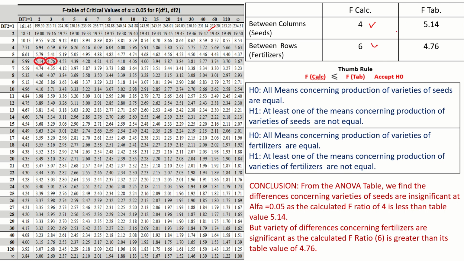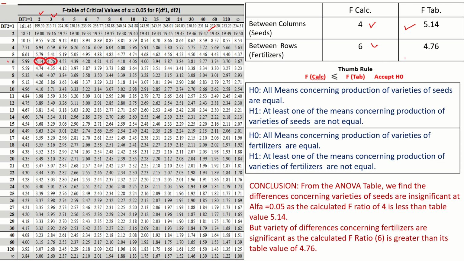The table value for degrees of freedom 2 and error residual 6 is 5.14, which we have written here. Similarly, for degrees of freedom 3 and residual 6, the table value is 4.76.